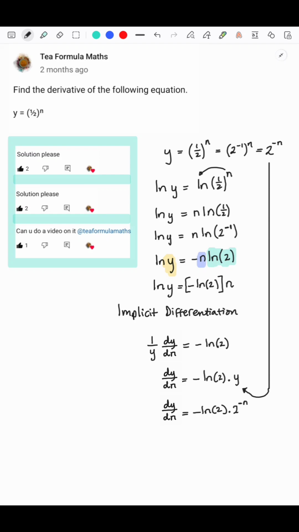Okay, that's good. And, well, you can rearrange that if you like, and I think the format in the answer was where we have the 2 to the -n at the front, multiplied by ln 2. And that's how you differentiate that bit of an awkward function.